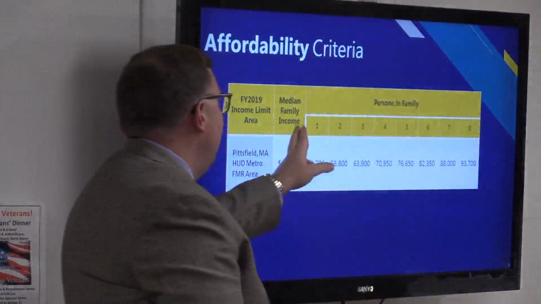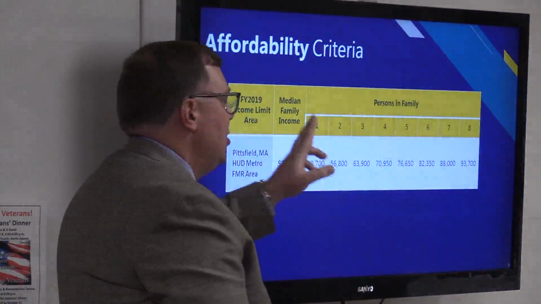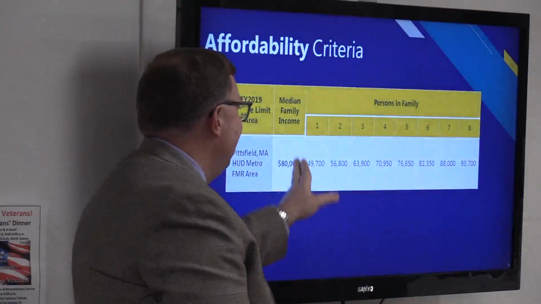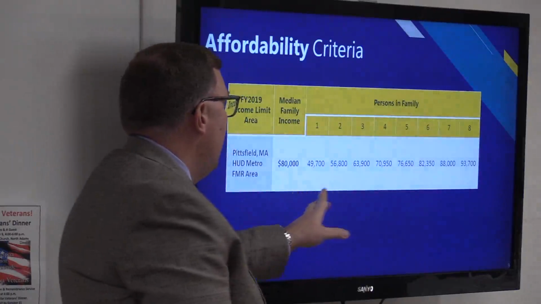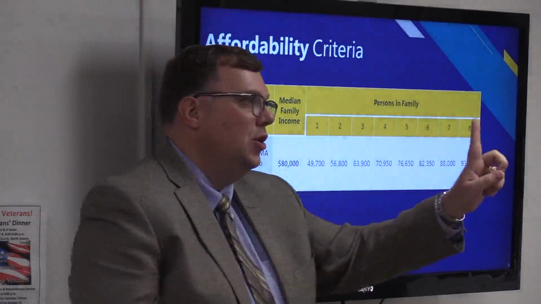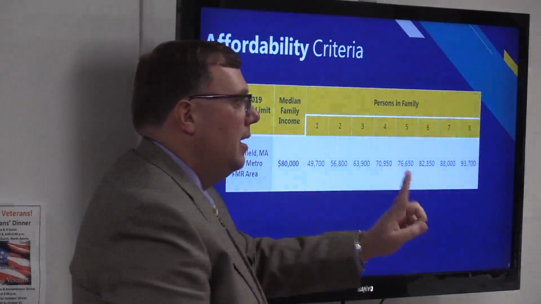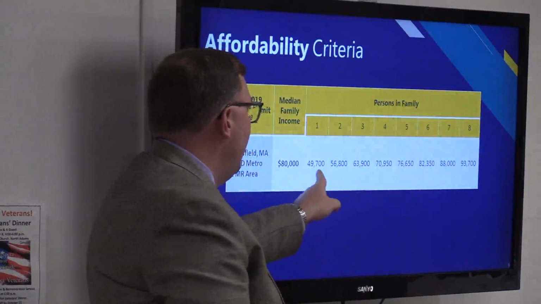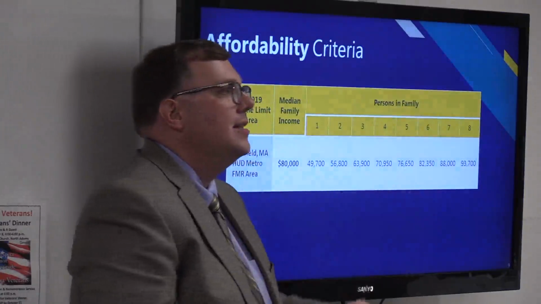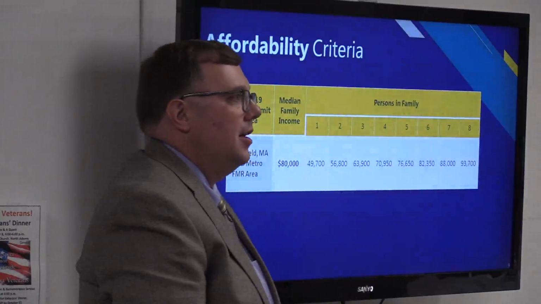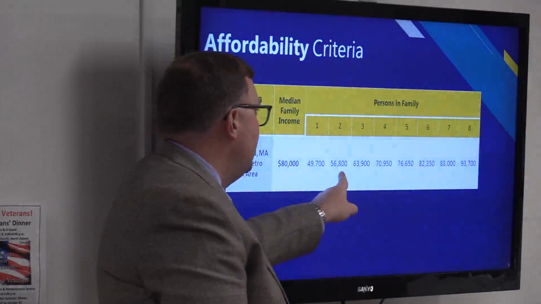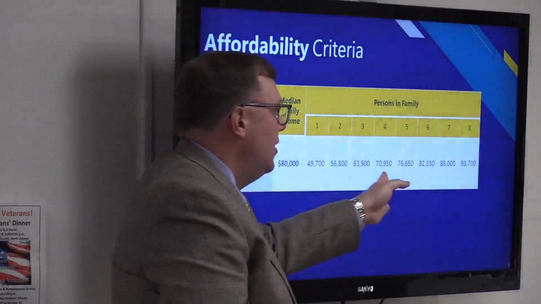So the median family income measured by the Pittsfield, Massachusetts metropolitan area is $80,000. That means if you are a single person earning an income, you are eligible for affordable housing if you make up to $49,700 a year annually. If you are two people, $56,800, and as you can see, it goes up.